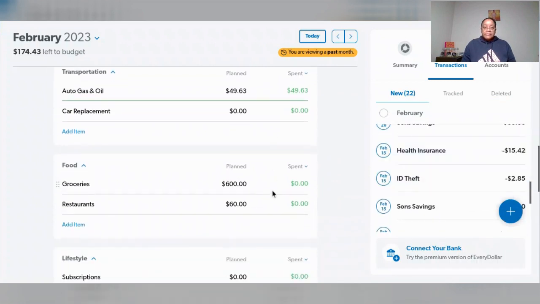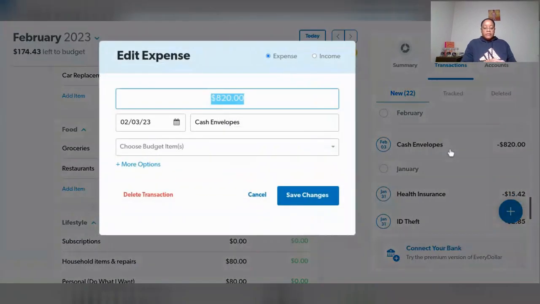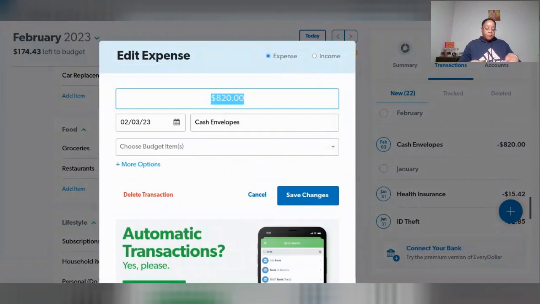Next thing is my food. So I'm going to go to the cash envelope. So now I need to look at my budget and see how. Sorry if I made a lot of noise near the microphone, but I need to look at my budget for February and see how that worked out. Come on, turn, baby, turn.